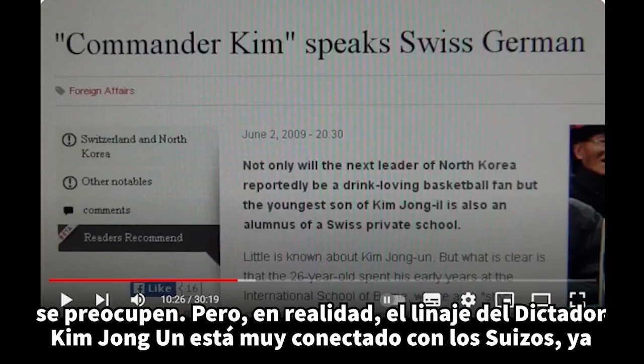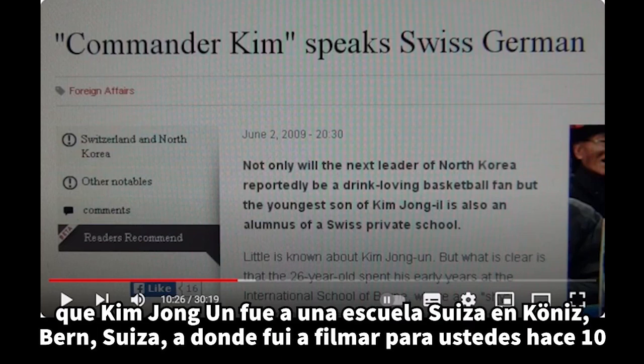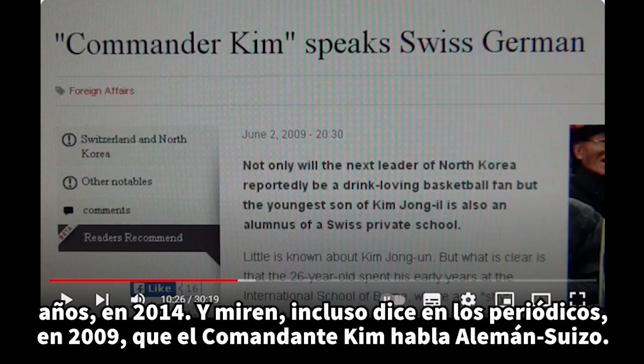But in fact, the Kim Jong-un dictator bloodline is very much connected with the Swissies, with Kim Jong-un going to a Swiss school in Köniz, Bern, Switzerland, where I went filming for you 10 years ago in 2014. And look, it even says in the newspapers in 2009 that Commander Kim speaks Swiss German.